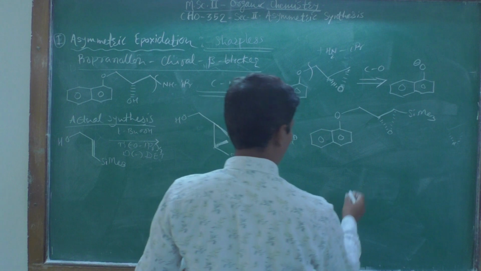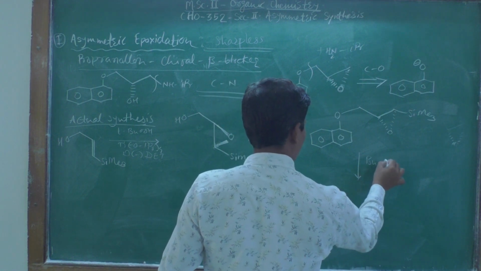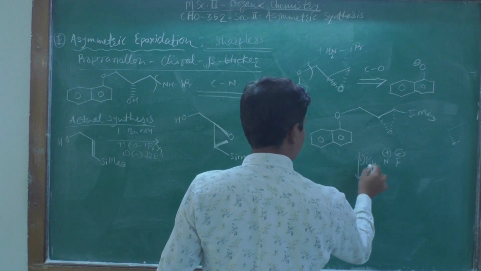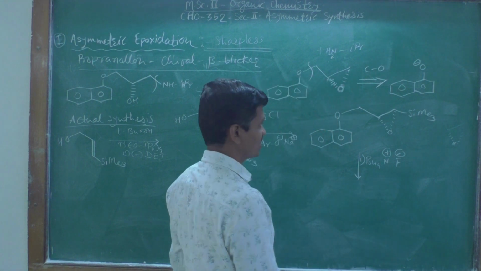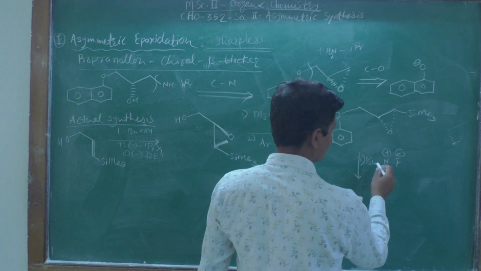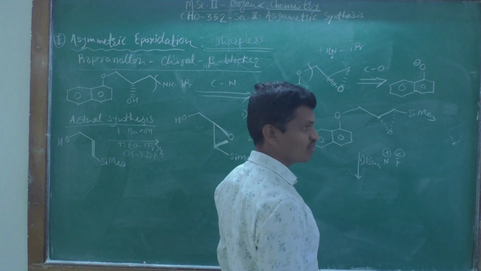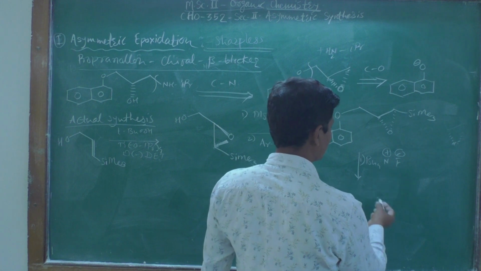Then what will happen next is tetrabutylammonium fluoride, F minus. This reagent is useful for the desilylation. In this, F minus is the nucleophile which is essential for the desilylation.